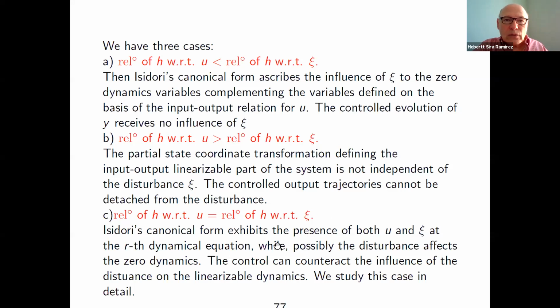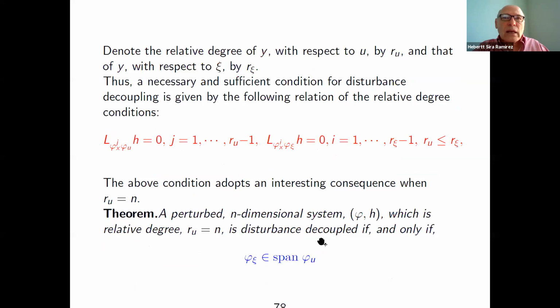So the essence of this will be the control may be able to counteract the influence of the linearizable dynamics in the feedback in order to counteract or diminish or somehow make smaller the influence of the disturbance in the closed loop system. Attenuation will be possibly one of the options, or estimation and canceling, as it is done in active disturbance rejection.